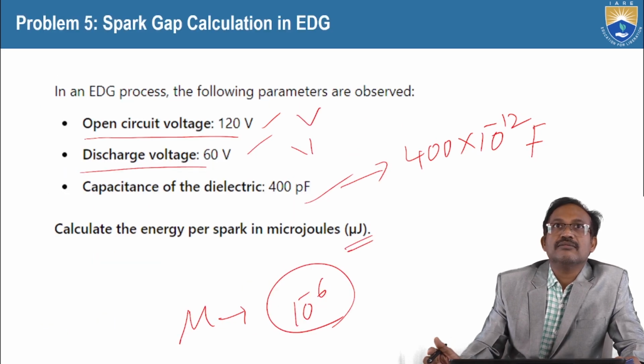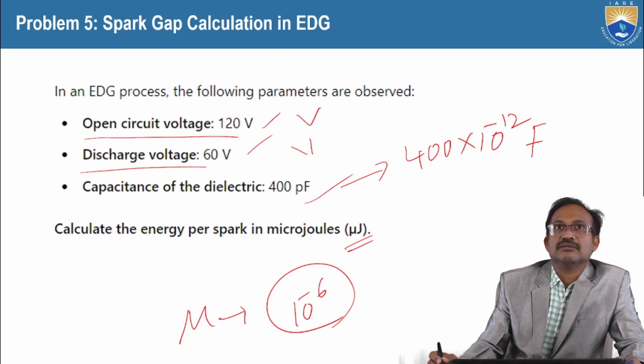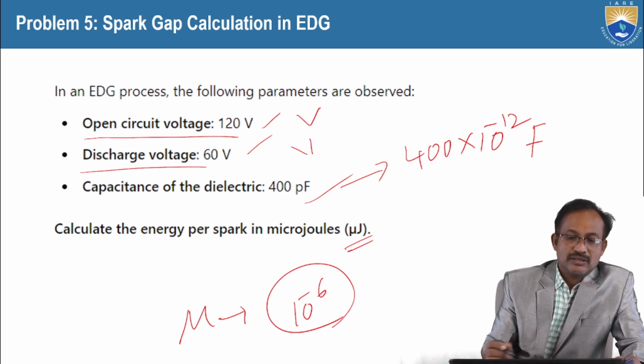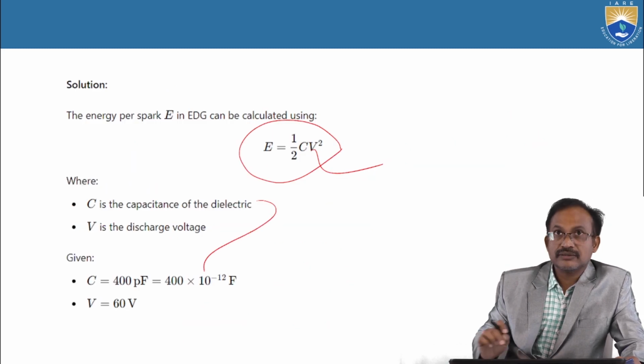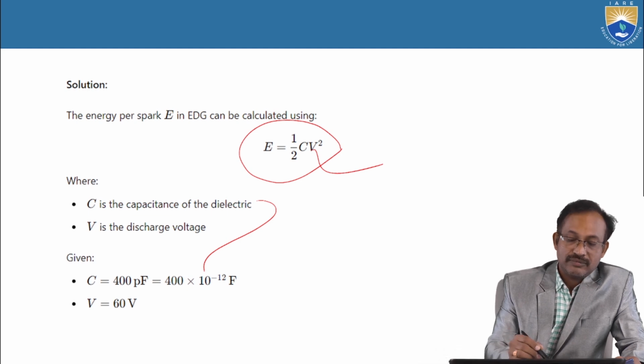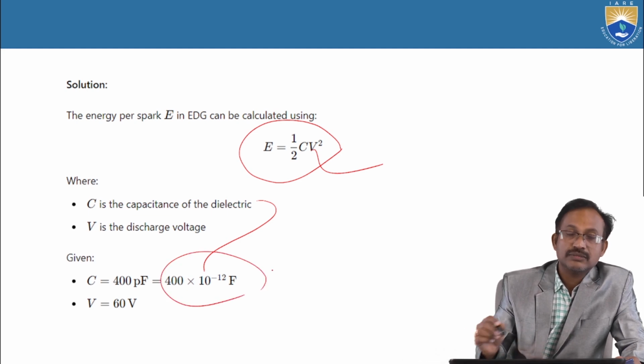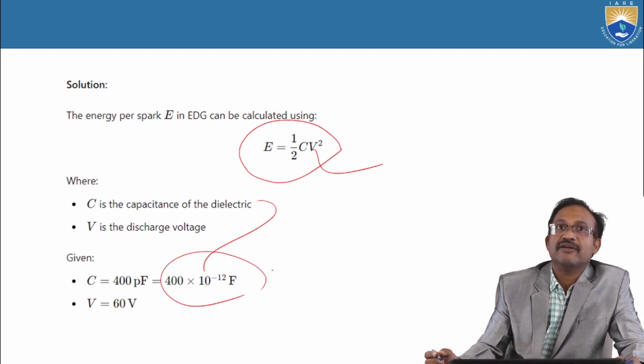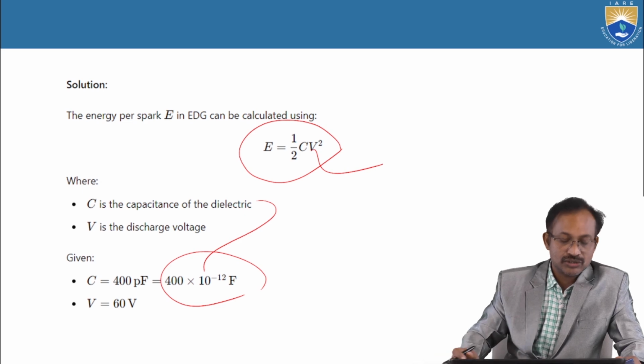And in problem 5, spark gap calculation, the formula is E equal to half CV square, where C is given in pF, which we have to convert into F. For that, multiply with 10 power minus 12.